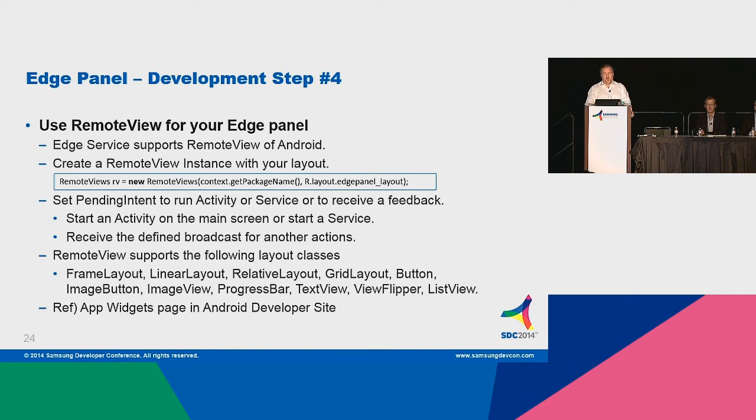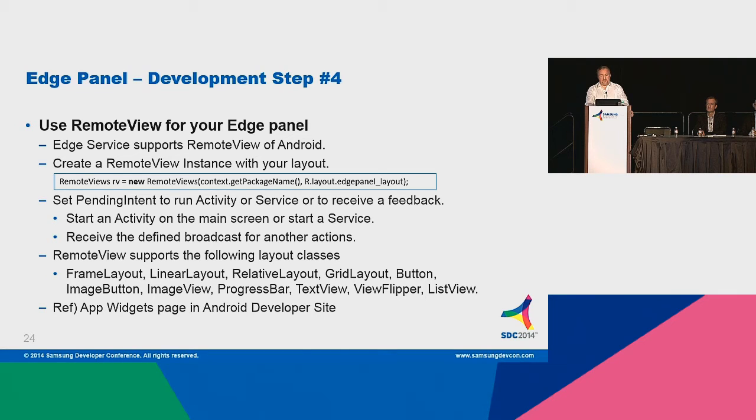So here's a look at how to develop the view object for your edge panel. The Edge service supports the Android features, remote views, and pending intent, to create the views and intents required for your edge panel. You should decide an initial layout for your edge panel and create an instance of remote views object using that layout.